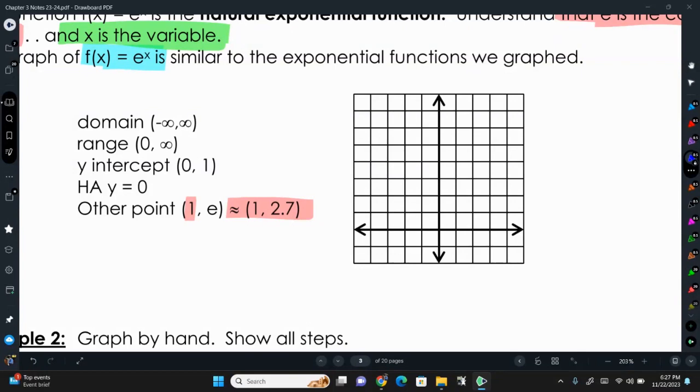So we won't be able to graph these completely without a calculator. We're going to have to maybe use it for the 2.7 multiplied by a number or adding or subtracting to it. So we have 0, 1, and 2.7 is close to 3. So our graph would look like this and have a horizontal asymptote at y equals 0.